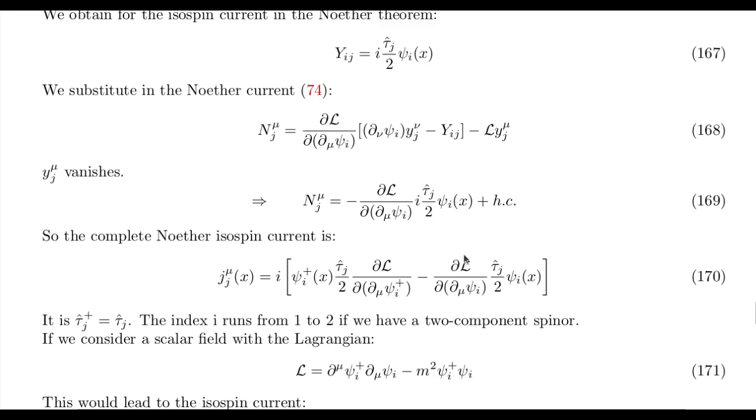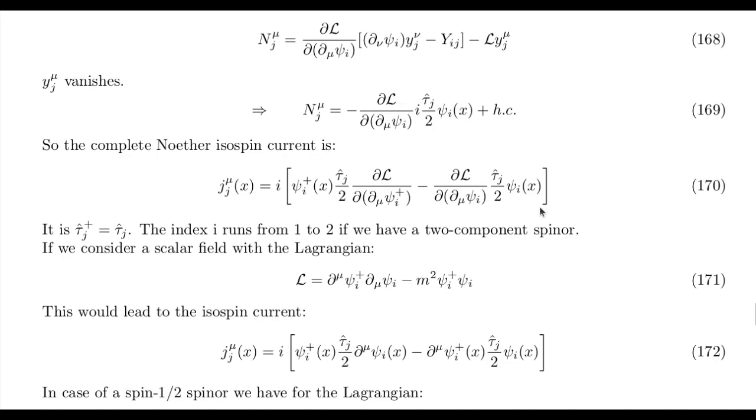Then we get here 169. The small y is vanishing because we haven't got any transformations in the space-time coordinates. And we write a plus h.c., the hermitian conjugated term. So the complete Noether isospin current is then here 170.